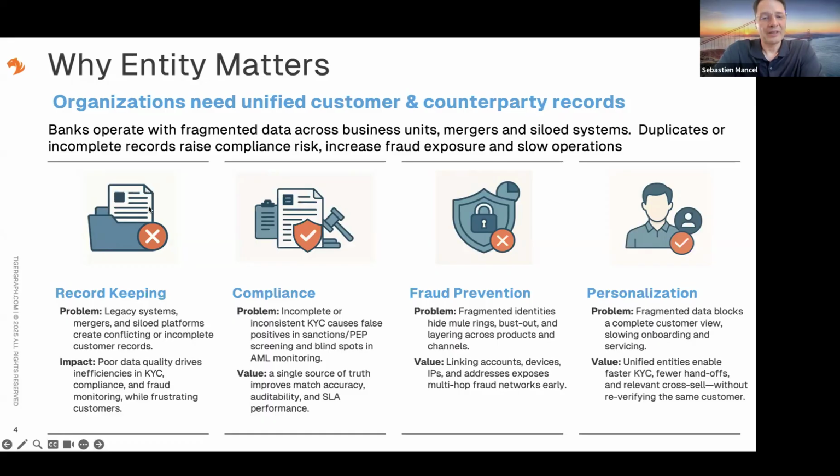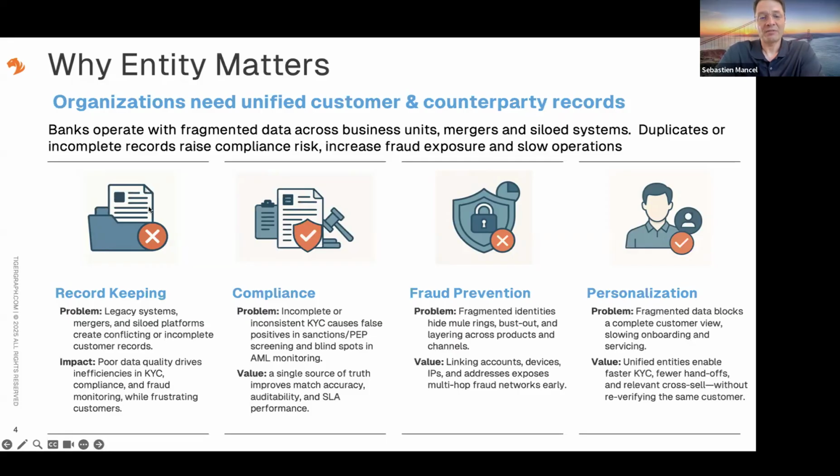The second is compliance. Inconsistent or missing KYC data leads to false positives in sanctions screening, as well as blind spots in AML monitoring. Having a single unified source of truth improves accuracy, auditability, and SLA performance. Then there's fraud prevention. Fragmented identities give fraudsters cover, letting them open fake accounts, run up credit, or move money across channels without detection.